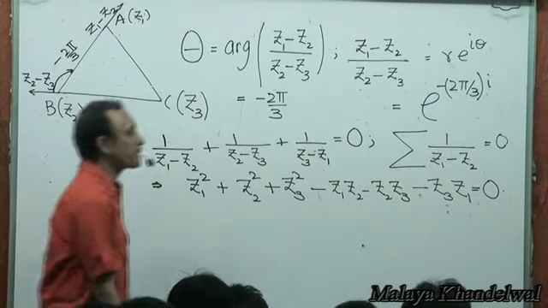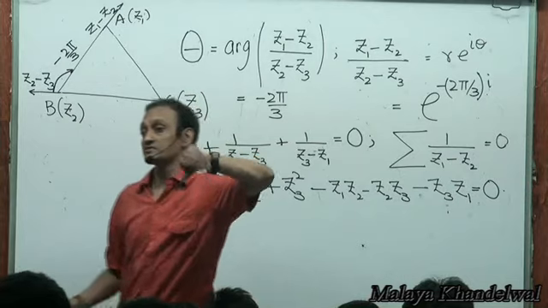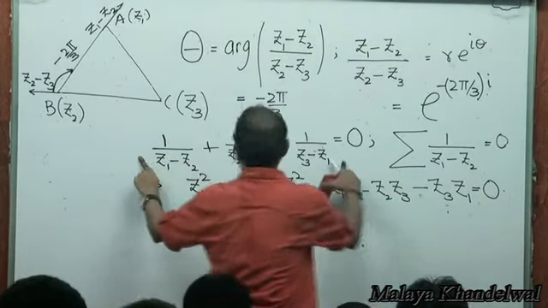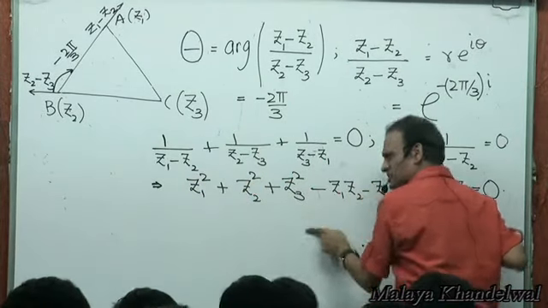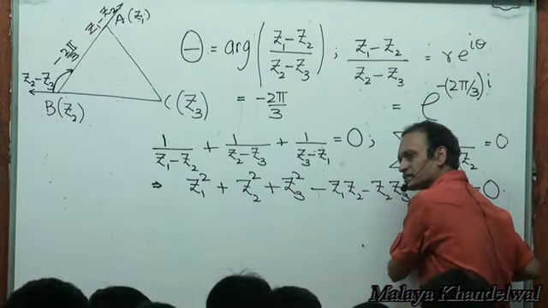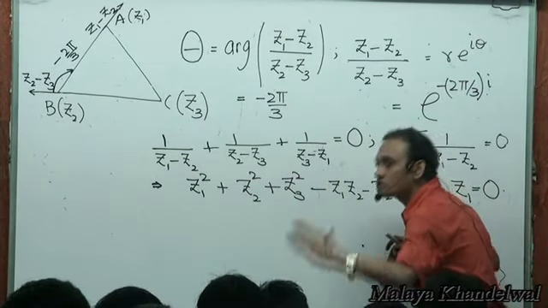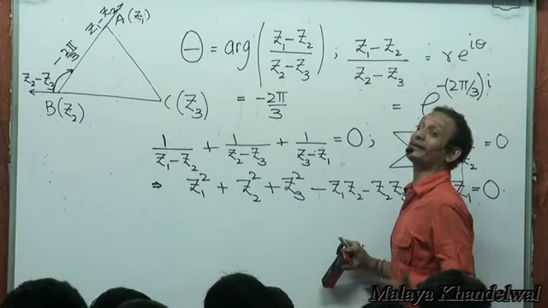Now, the converse of this result. That is, if this is 0, implying that this is 0, is the triangle constituted by vertices, position vectors z1, z2, z3 an equilateral triangle or not?